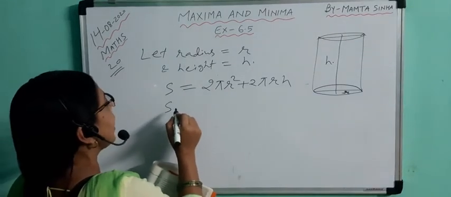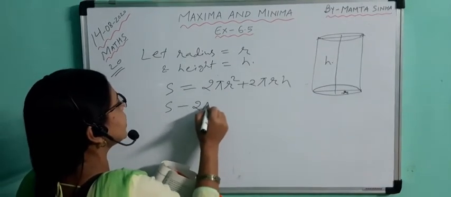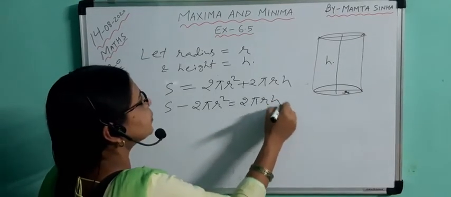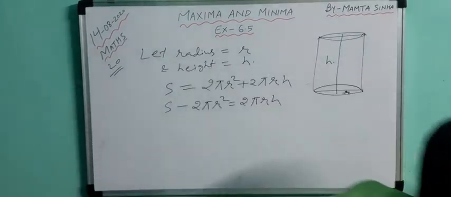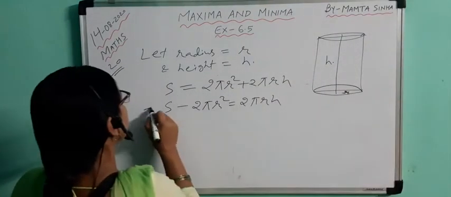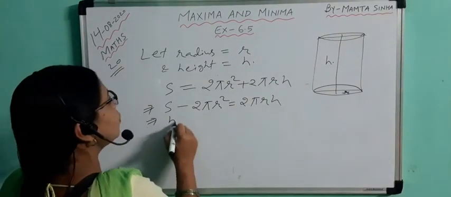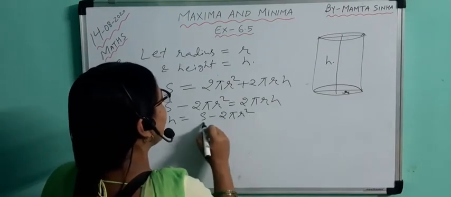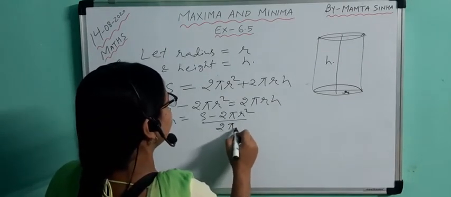So we can write S minus 2 pi r square is equal to 2 pi r h. Now h is equal to S minus 2 pi r square by 2 pi r.